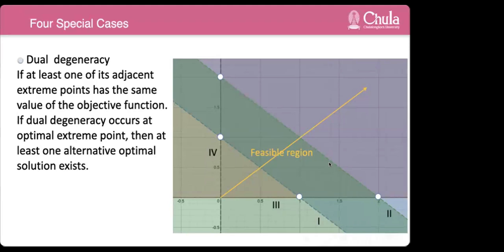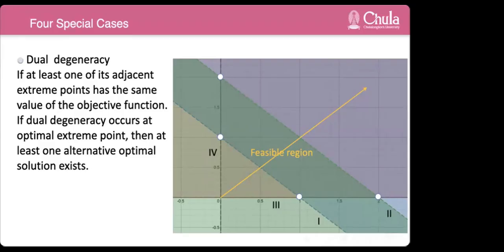All points here have the same objective function. So in this case, the solution is not one single point. You have multiple points that have the same objective function. We call this case dual degeneracy.